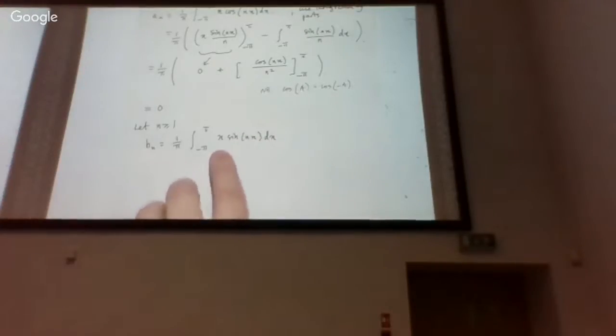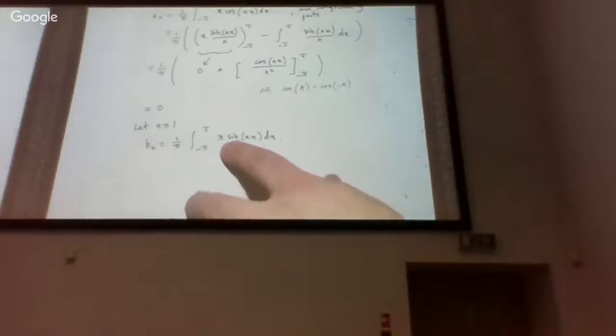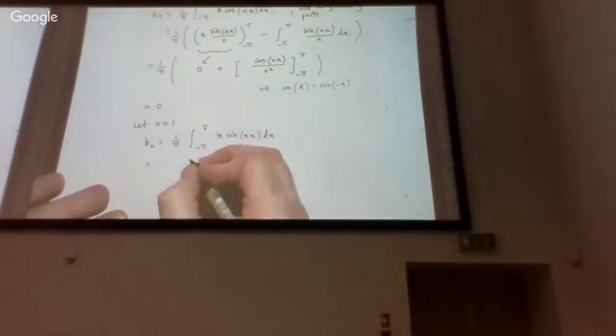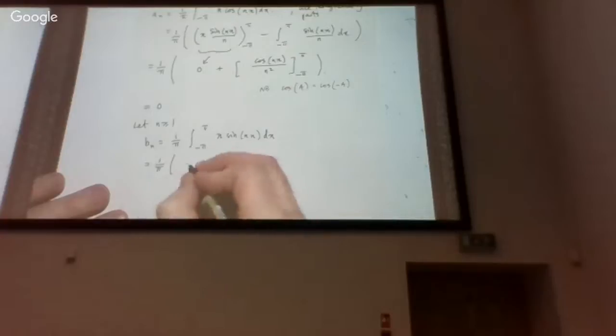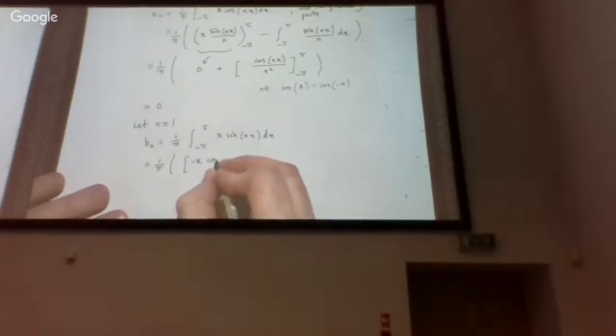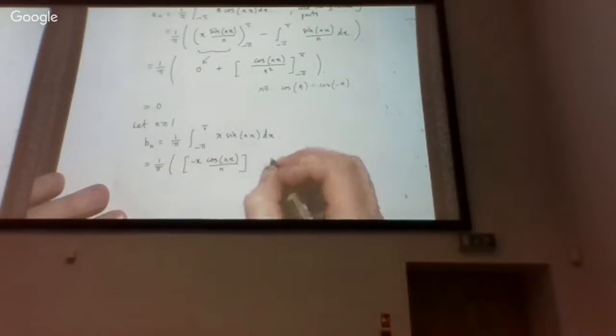Taking the inner product of our objective function x with sine of nx, with the coefficient b_n. So integration by parts, before the 1 over pi, times x, and the representation now is minus cosine nx over n, whose derivative gives you sine of nx.